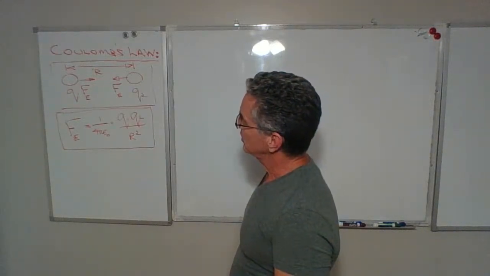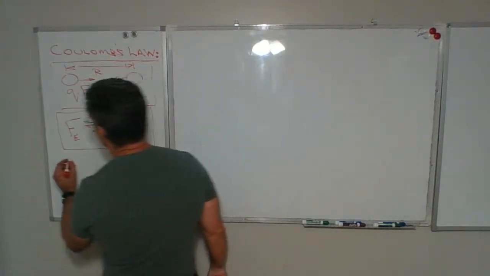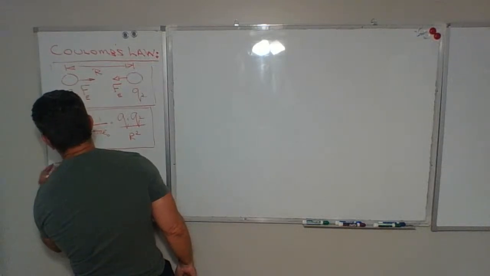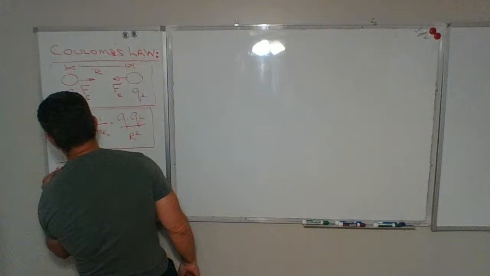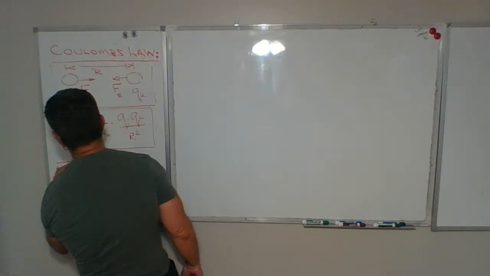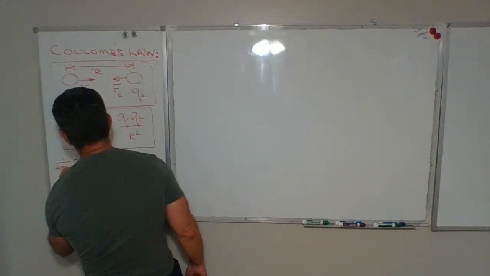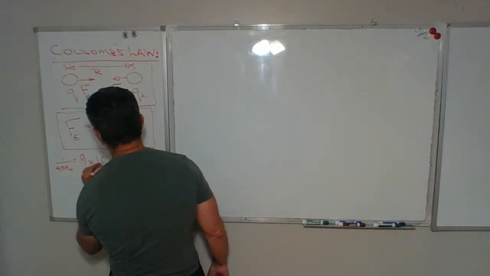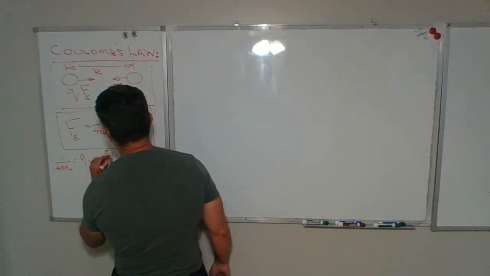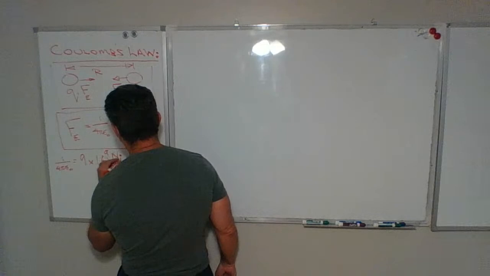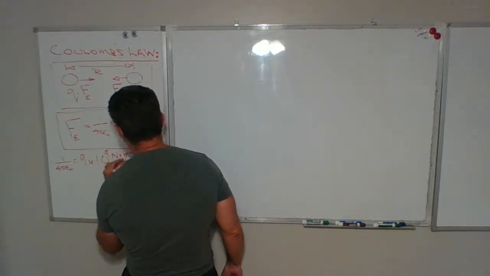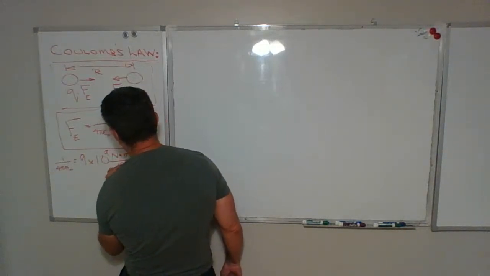So let's give you the value of 1 over 4 pi epsilon sub 0 first. It's approximately equal to 9 times 10 to the 9th newton meters squared per coulomb squared.